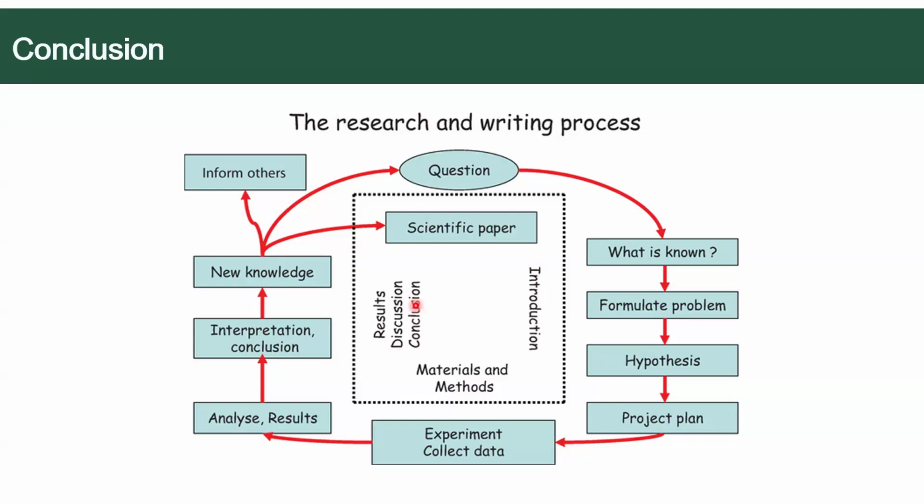Conclusion is the take home message of your whole paper. You are just summarizing in 3 to 4 lines what information your research article gathered. So let me see your questions.